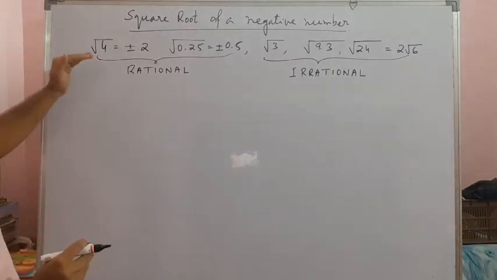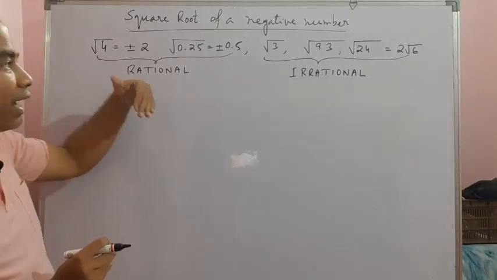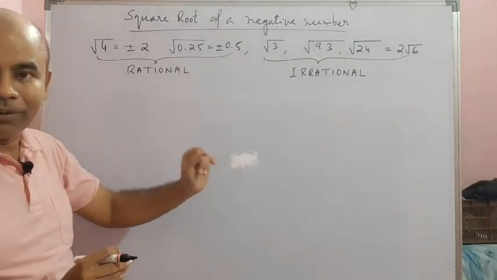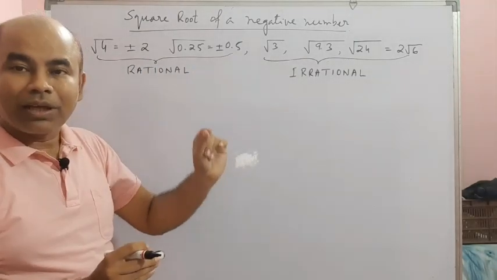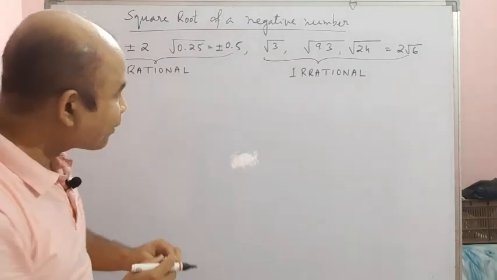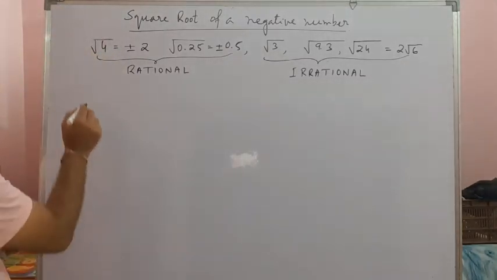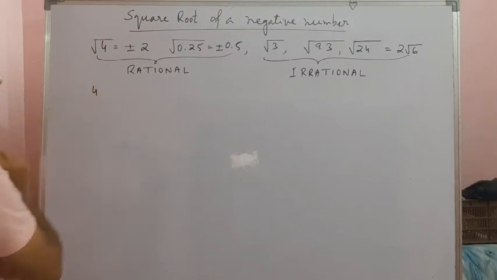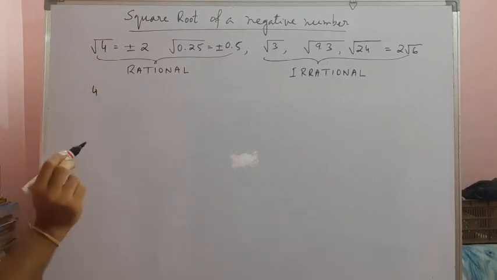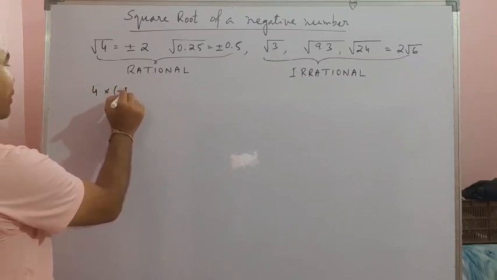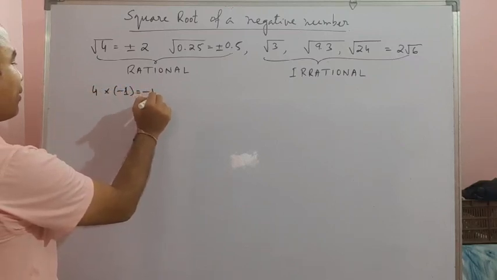Now let us try to find the square root of a negative number. Here we have calculated the square root of some positive number. Now today we are going to calculate the square root of some negative number. Let us take the negative of this number. Say 4 I have taken, let me take negative of 4, minus 4. How can I get negative of 4? It is very simple. With 4, if I multiply minus 1, then I will get negative of 4.